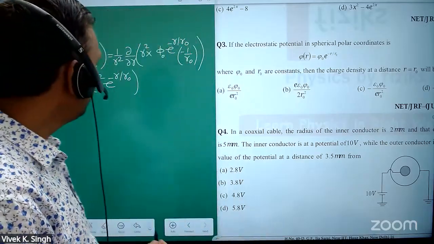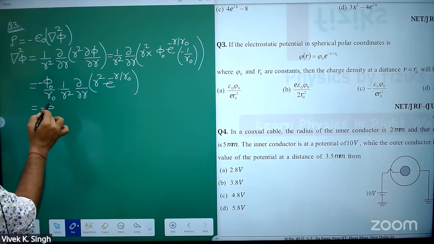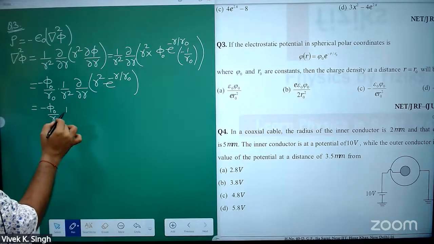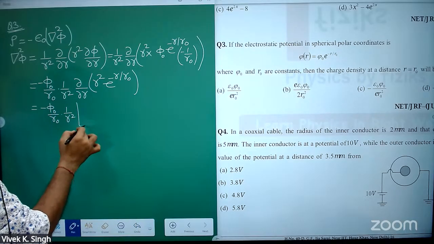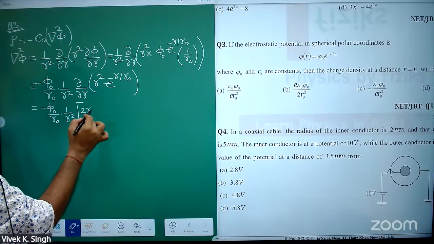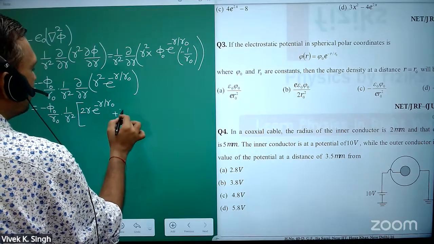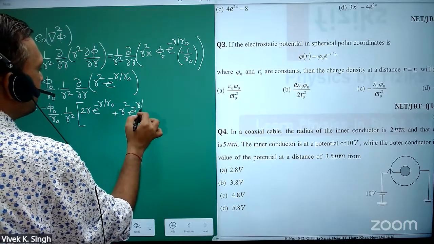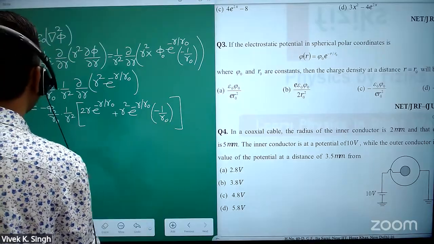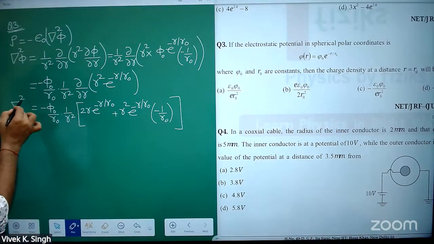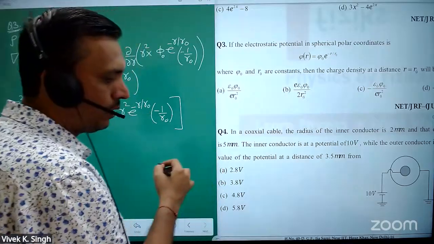So it's a matter of calculation. This will be given by minus phi naught by r naught, 1 by r square, and let's differentiate it: the derivative of r square times exponential minus r by r naught, plus r square exponential minus r by r naught into minus 1 by r naught. This will be the value of del square phi, but you have to find del square phi at r equal to r naught.